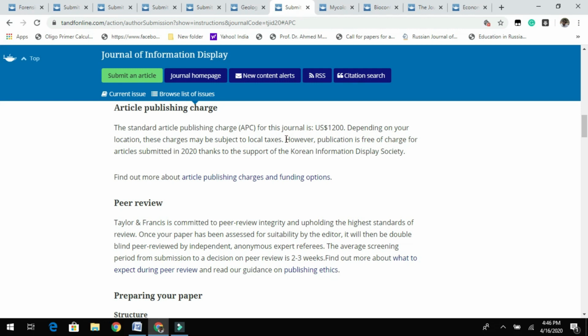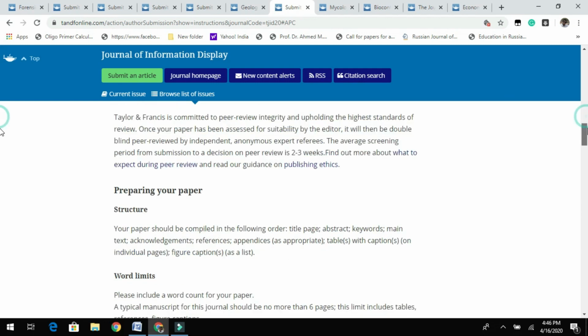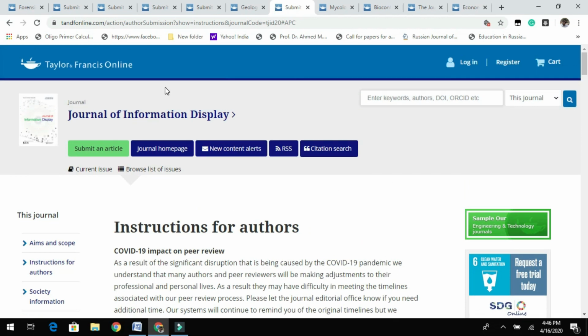However, the publication is free of charge for articles submitted in 2020, which means Korean Information Display Society is paying on your behalf. So if you are planning to submit, please do read the instruction before submitting.